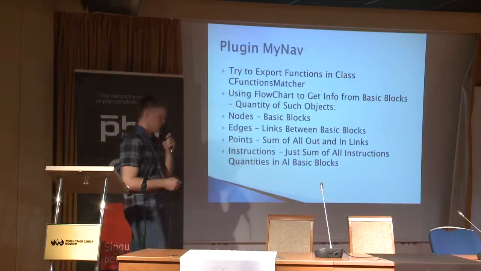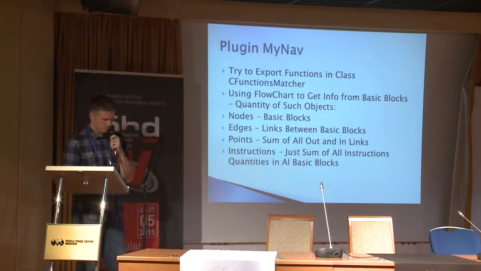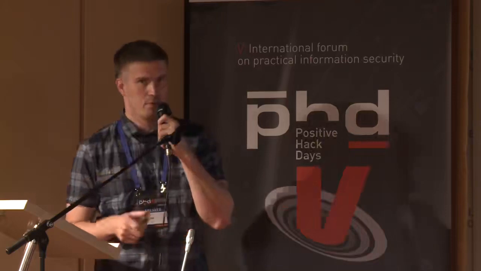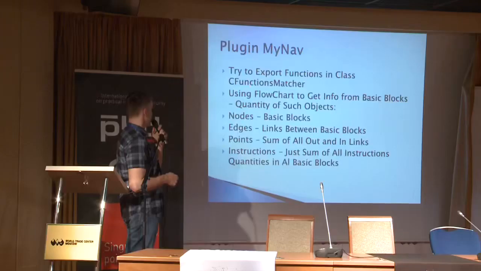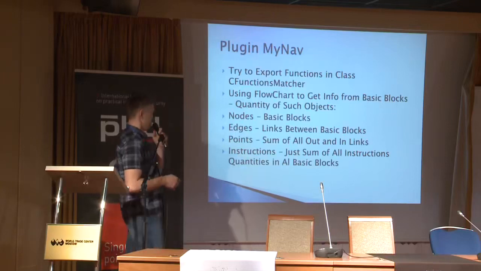Something like that. Out of everything that is available, at least what I was able to see, what similar functionality can do. For example, there's a plugin, MyNav. It tries to take functions and export them into a class, functions matcher.